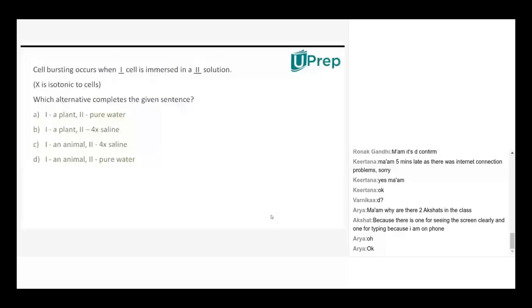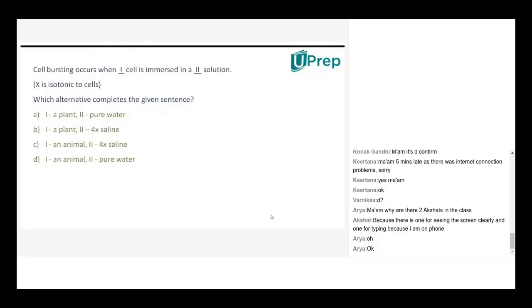Now coming to the C and D options. In the C and D options, they have given animal cell for the first blank. So that's okay. For the second blank, the solution type, they have given hypertonic saline solution and pure water. When an animal cell is kept in saline solution or hypertonic solution, the cell gets shrunk, because the outside concentration is more than the concentration inside the animal cell.